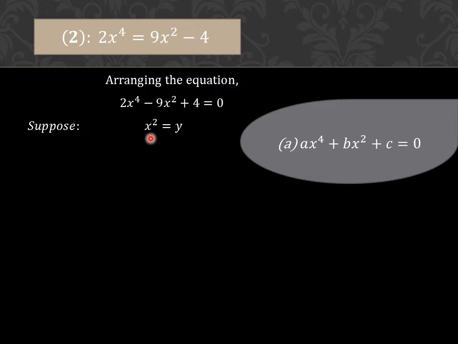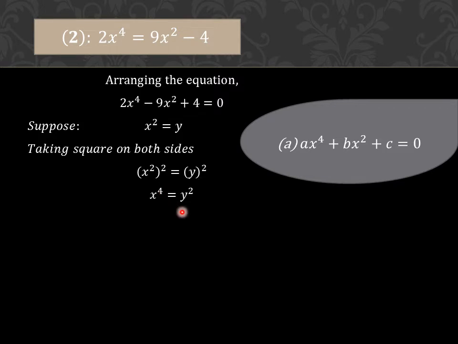We have supposed x^2 equals y, so how can we change this x^2 to x^4? Yes, we will change it by taking the square on both sides. (x^2)^2 equals y^2. Opening those brackets, the square of x^2 will become x^4 and the square of y will become y^2.